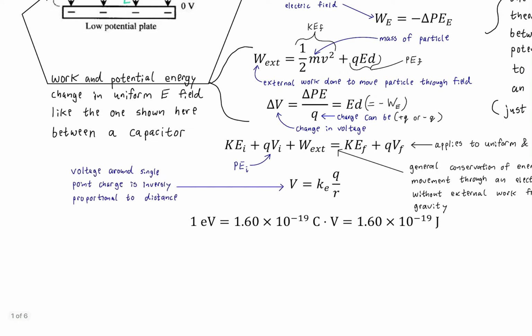All right. Now, this equation right here, what is this? This is new, okay? Because this is voltage, not change in voltage. And this is a very specific expression here. What is this? Well, this is specifically the voltage around a single point charge, and it is inversely proportional to distance. Okay? Now, that's a great place to start, because any distribution of charge is some sum of individual charges.